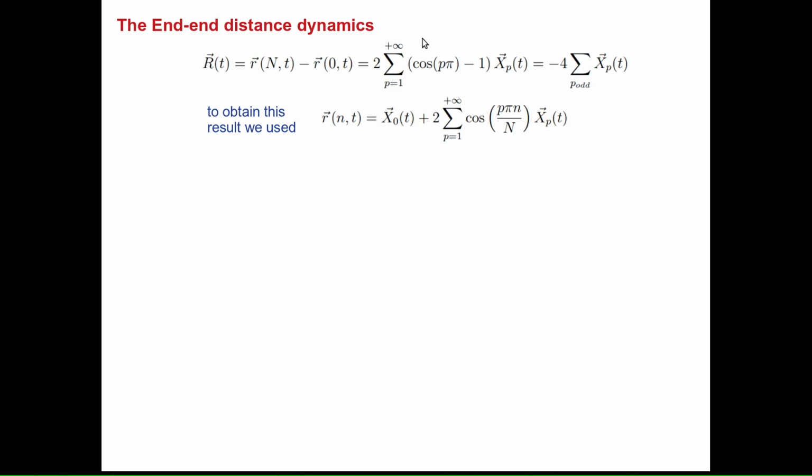It's a very simple calculation, as a sum over normal coordinates. If you work out n equal to capital N and n equal to 0, you get just a sum over odd p's, odd normal coordinates. So p equal to 1, 3, 5, 7, and so on.